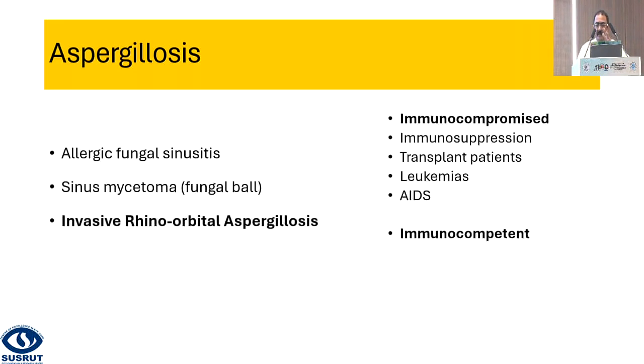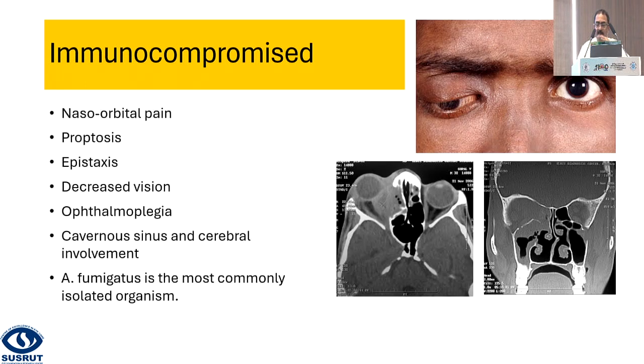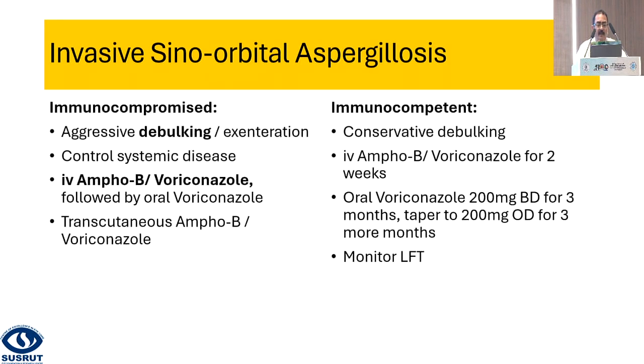Okay, this is the other one, which is not fulminant, but this again can present with an underlying immunocompromised situation, which is where patients can develop an invasive disease. And this again is treated with intravenous amphotericin B as a first line of treatment, or if the patient cannot tolerate it, with voriconazole, and then you can shift to oral voriconazole at a later stage.